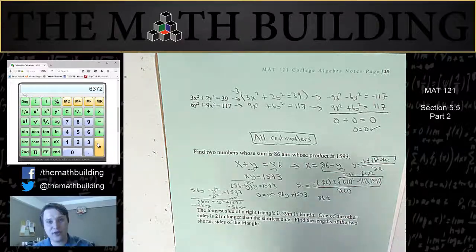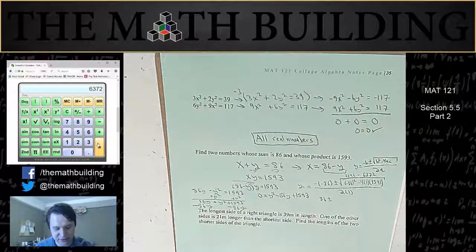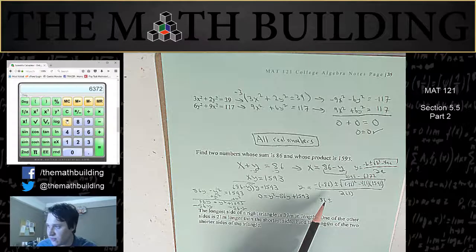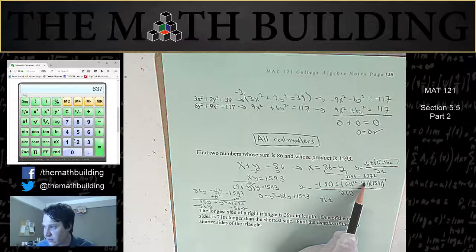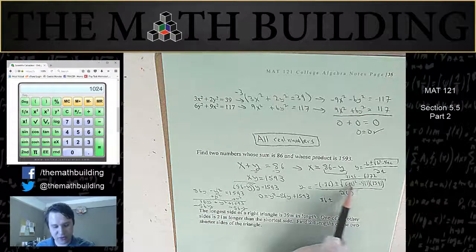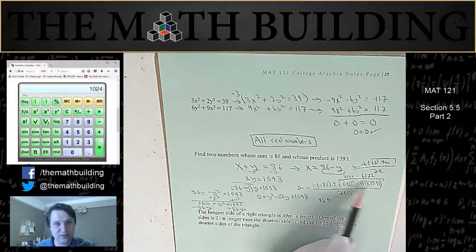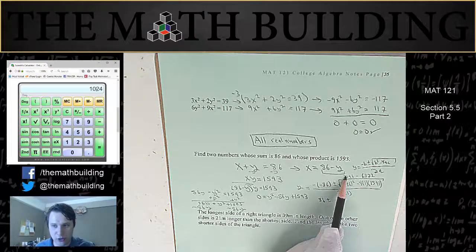Be careful with your signs there. Sometimes you have a lot of negative signs. So let's do 7396 minus 6372. You get 1024. So 1024 is the number inside the square root now after you do this minus this.